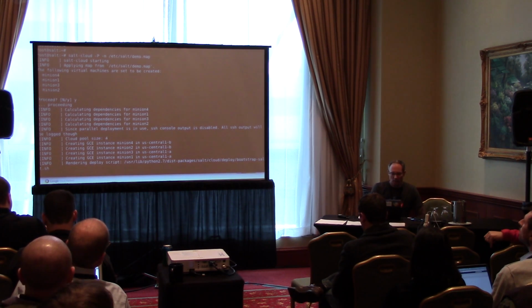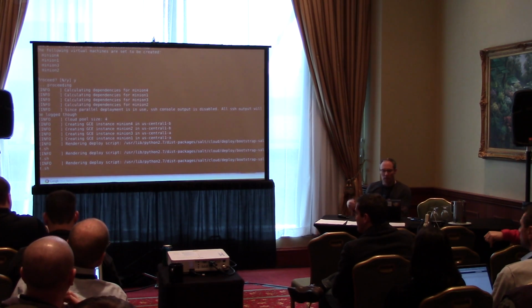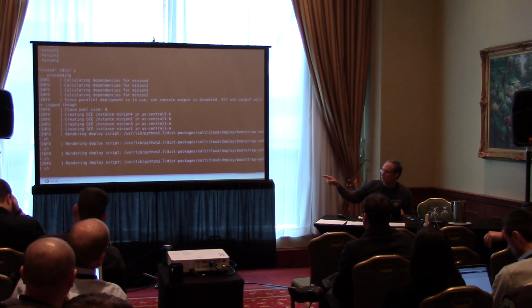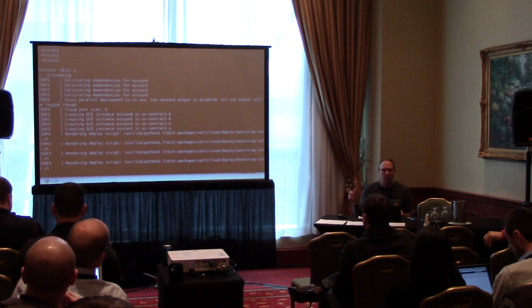So now what it's doing is it's taking the local bootstrap shell script and it's pushing that out to the instances. So those 4 instances are pretty much already up and running, SSHable. We're pushing the script across there and we're executing it locally. Because this is the Salt master, it's also generating the Minion keys and it's going to push those Minion keys over as well.